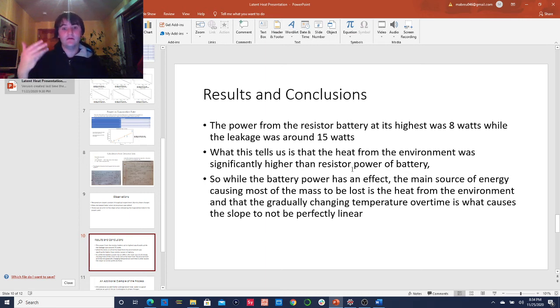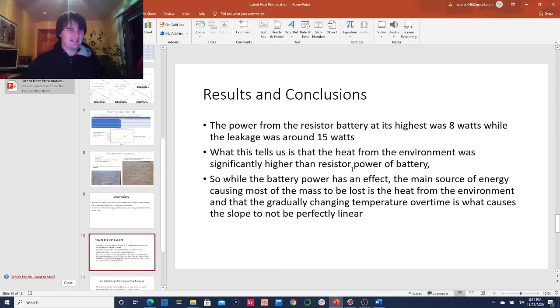Another thing that may affect the slope is that as the room temperature gradually changes over time, there may not be the same slope because the temperature may be higher or lower. Let's say the sun starts to go down and the room starts to cool down.